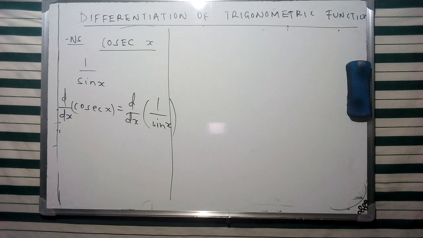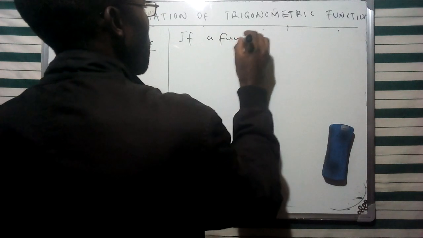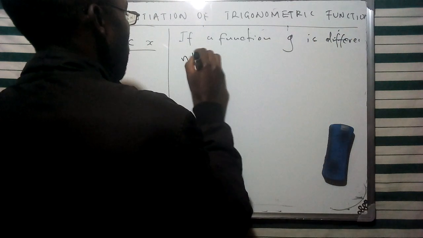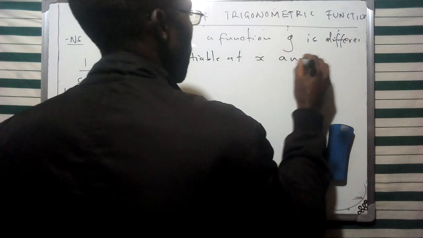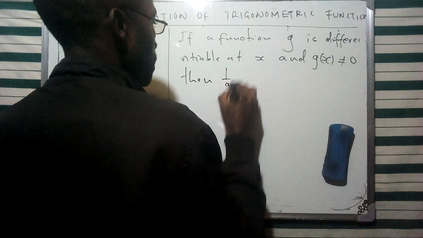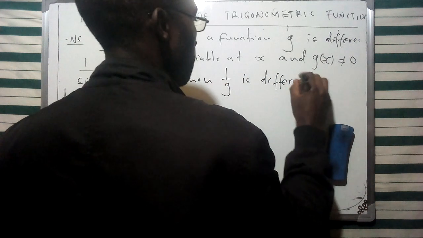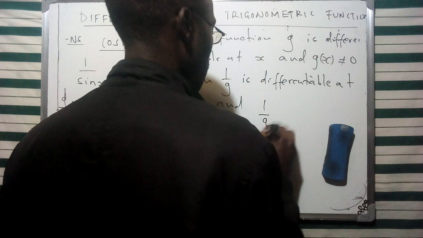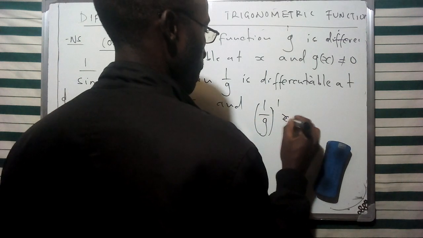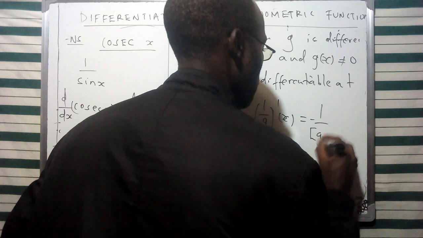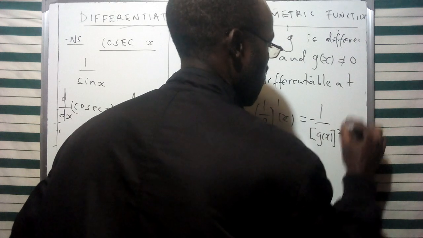From the reciprocal rule, we said that if we have a function g(x), g is differentiable at x, and g(x) is not equal to 0, then 1 over g is differentiable at x, and its derivative is given by negative 1 over the square of g(x), times g prime of x.